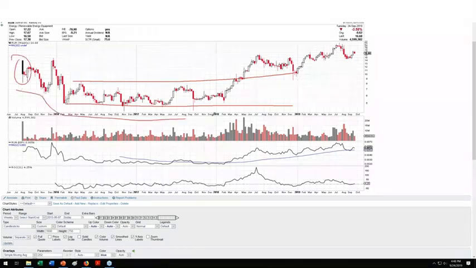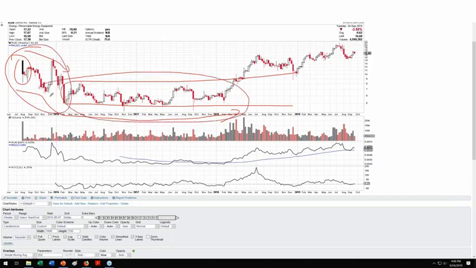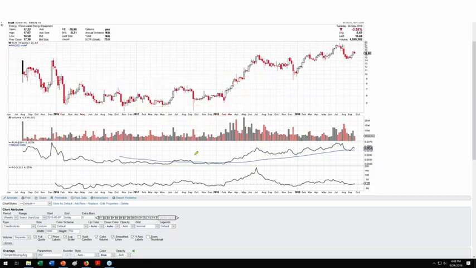Everything develops really nicely with how the IPO first is being sold by the underwriters, then is being sold by the insiders, and then is being accumulated by institutions. Not only are they accumulating the stock during the consolidation, and we can see this from different volume signatures, all of it just shows a lot of buying.